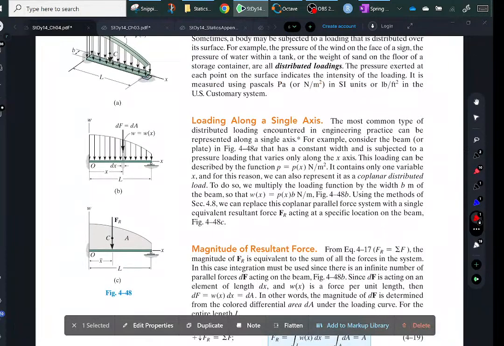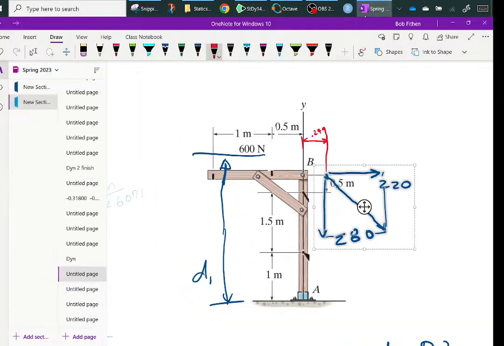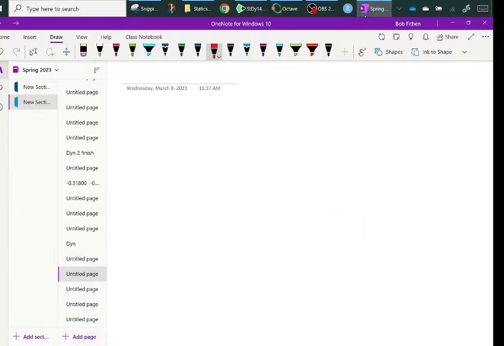So 4.9 is like setting up this concept. Let's imagine you're building a house and you've got a structure up here, and somebody's going to start laying bricks. So they start laying bricks, and I can copy and paste.